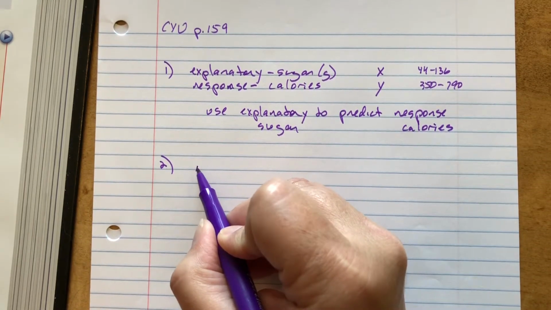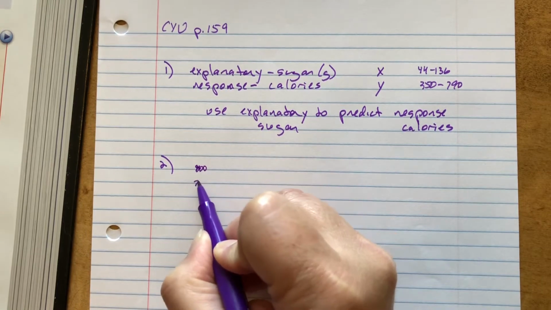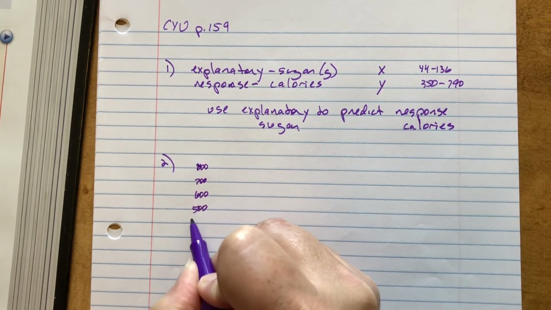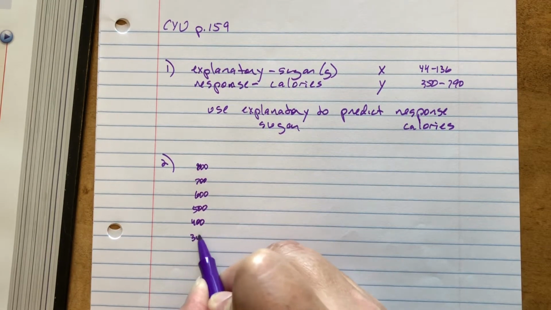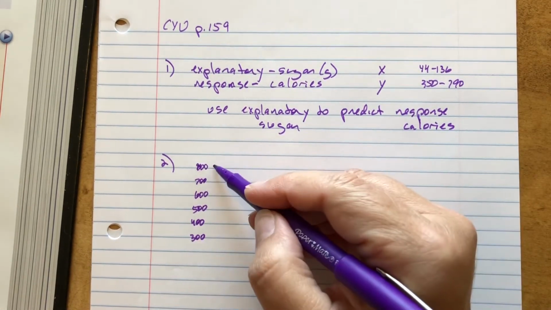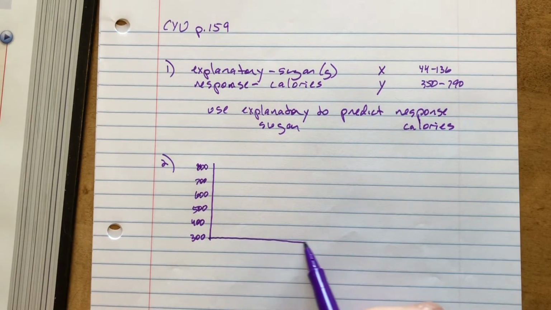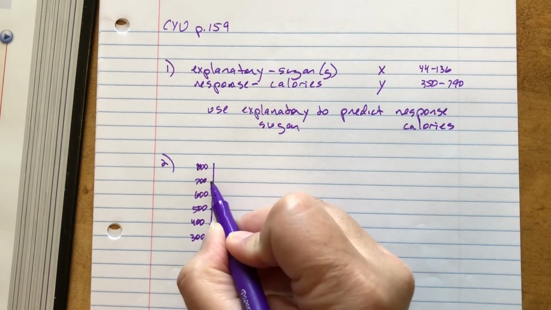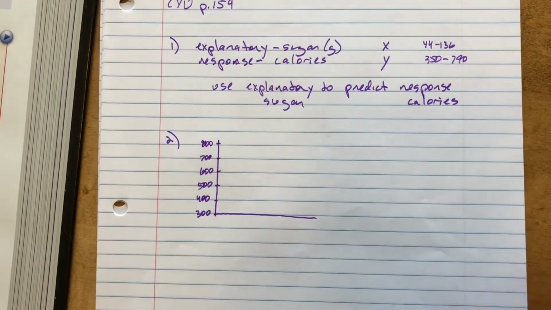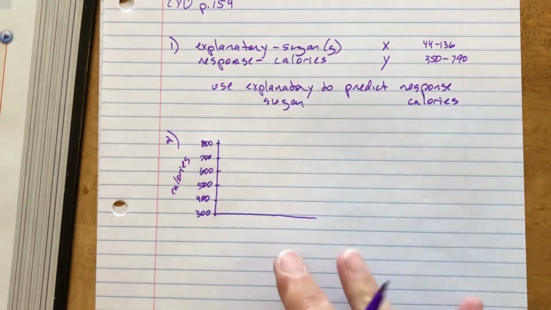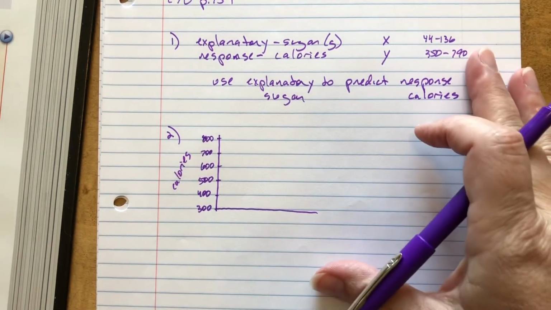So let's see, 800, 700, 600, 500, 400, and 300. So this is going to be my y-axis. Put my tick marks here. And this is my calories. And then for my sugar, what did I say?